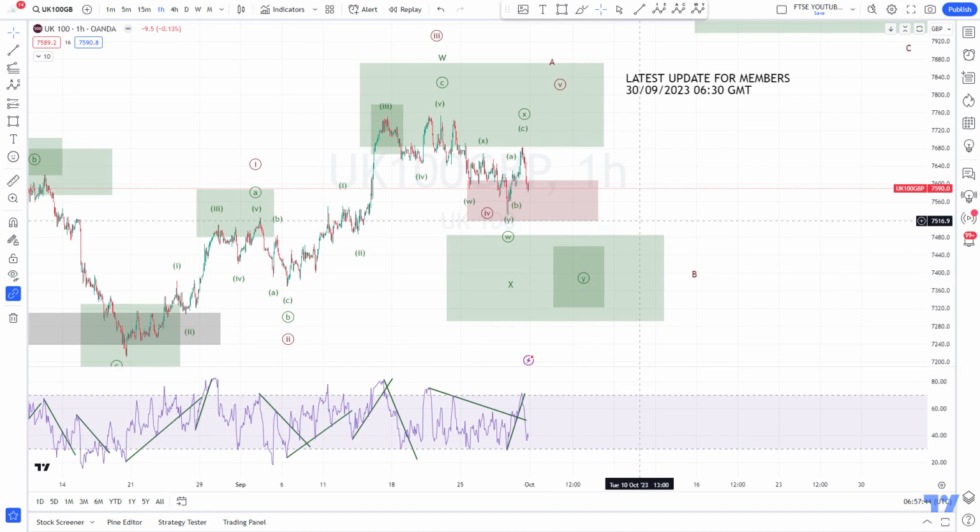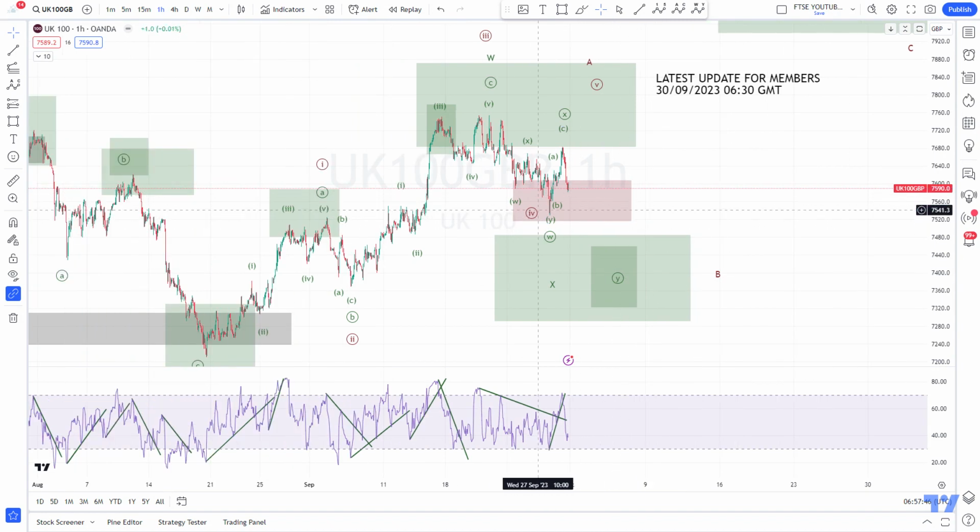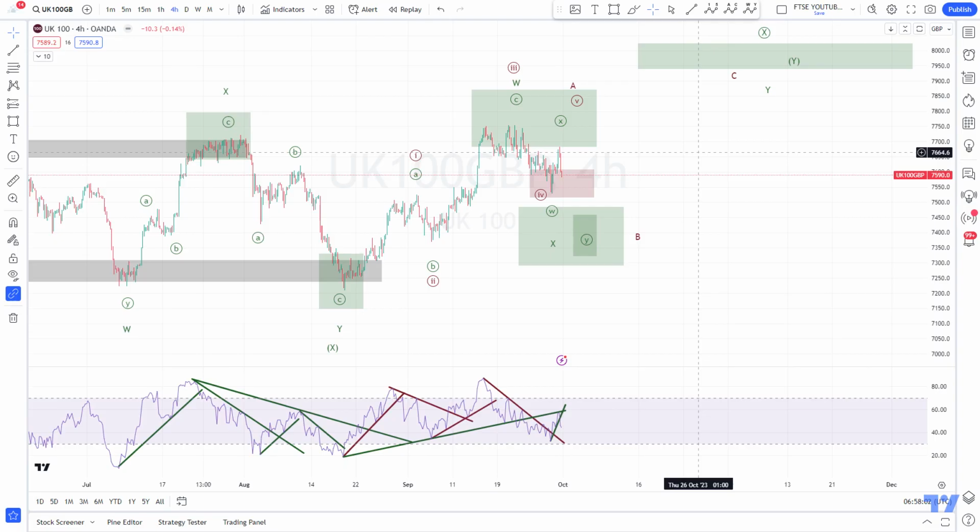This would be my main expectation. As you can see, we still did not really violate the wave 4 area, so this fifth wave can still play out. But like I showed you on the 4 hour, it simply looks like this is taking too long to be part of the same cycle. So now I would call for further downside here as WXY.